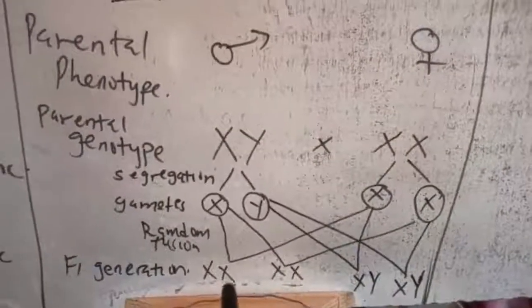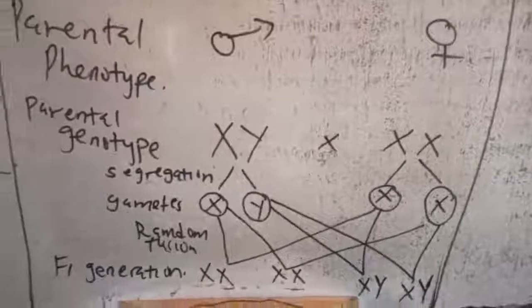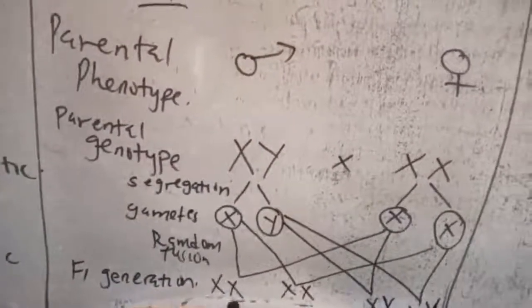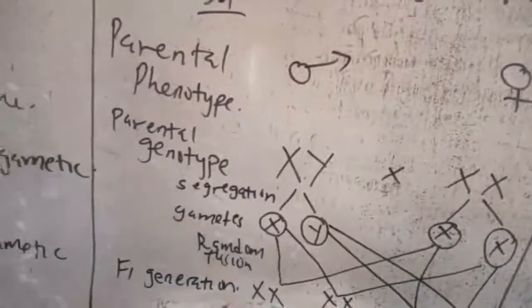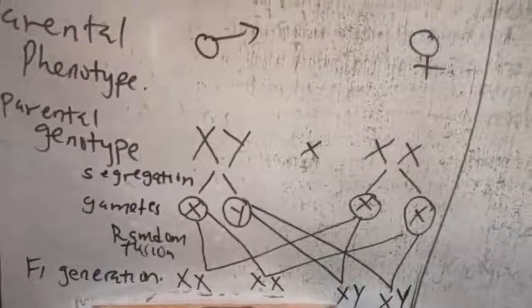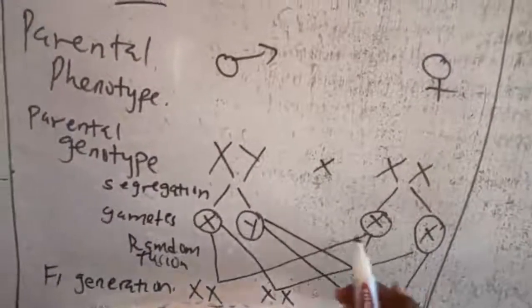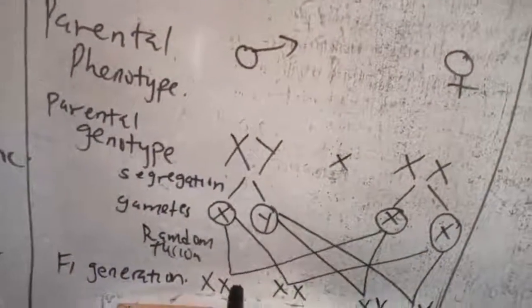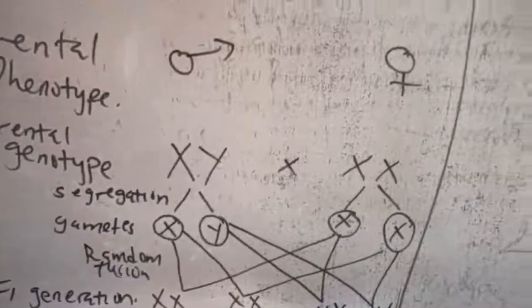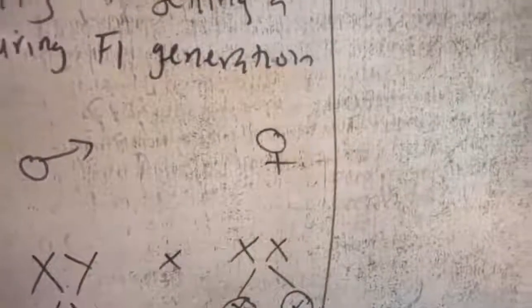What about the total probability space? There are four outcomes: one girl, the second girl, the one boy, and the second boy. So the total probability space is 4. There are 2 boys out of 4 offspring, and if you cancel 2 and 2, you simplify, and you will get a half as the answer.